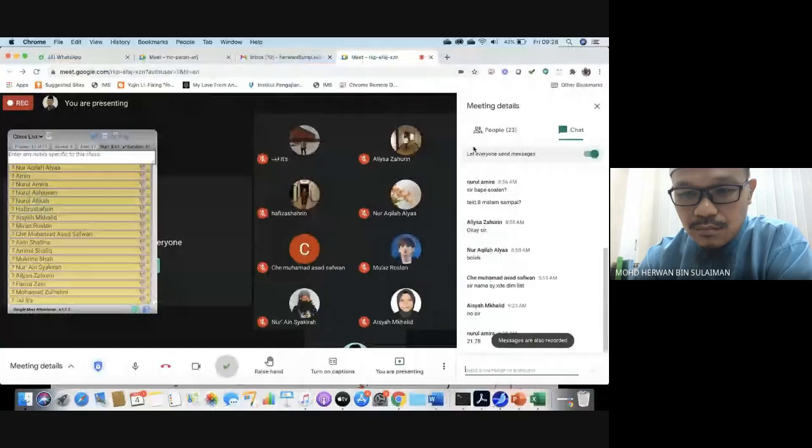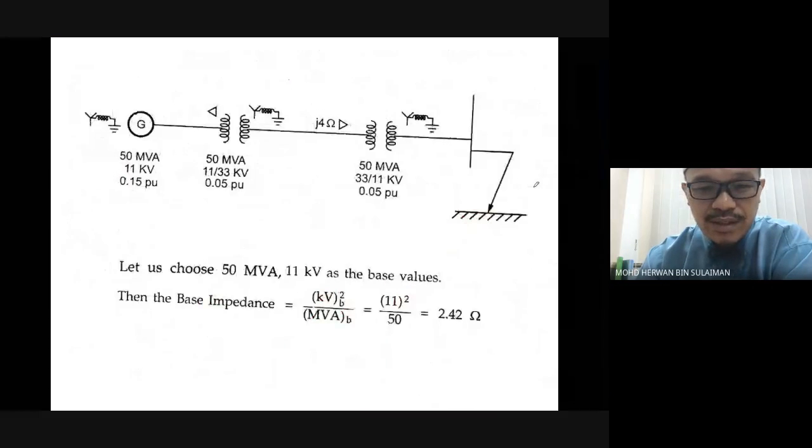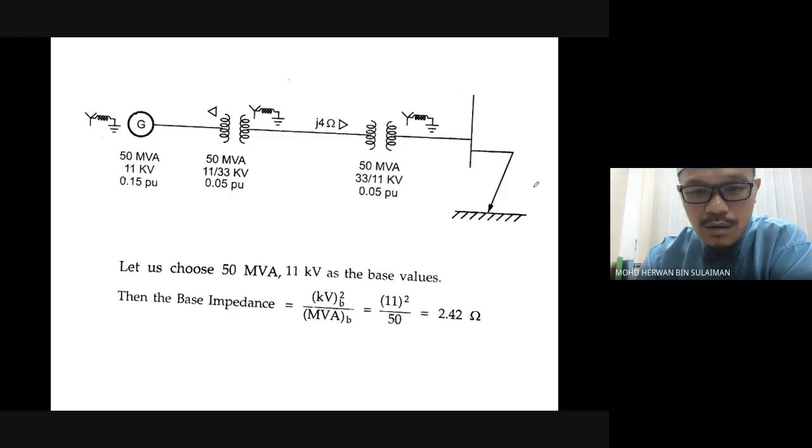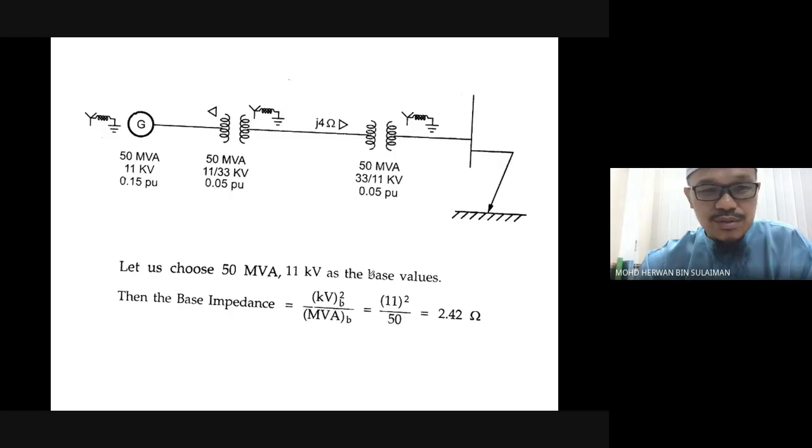Okay, correct. Next, this one we don't know, it's not necessary to do it since we have no value, right? So next you just sketch your positive, negative and zero sequence. So this is the positive sequence.